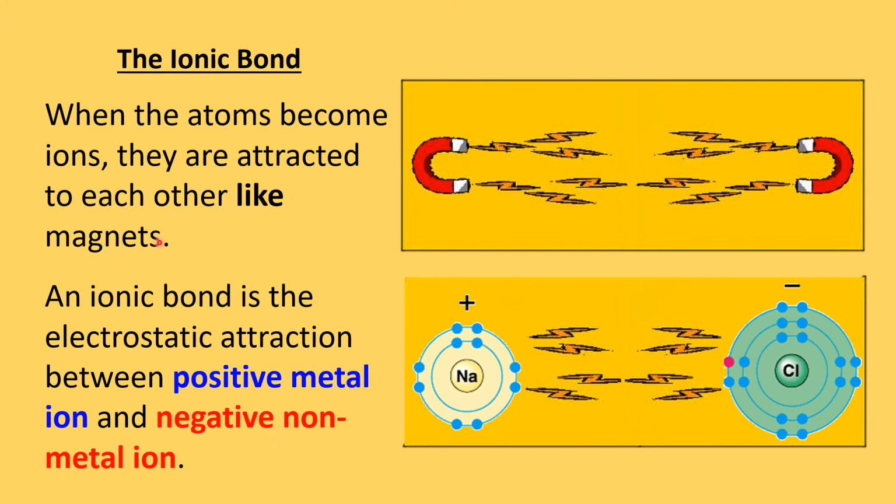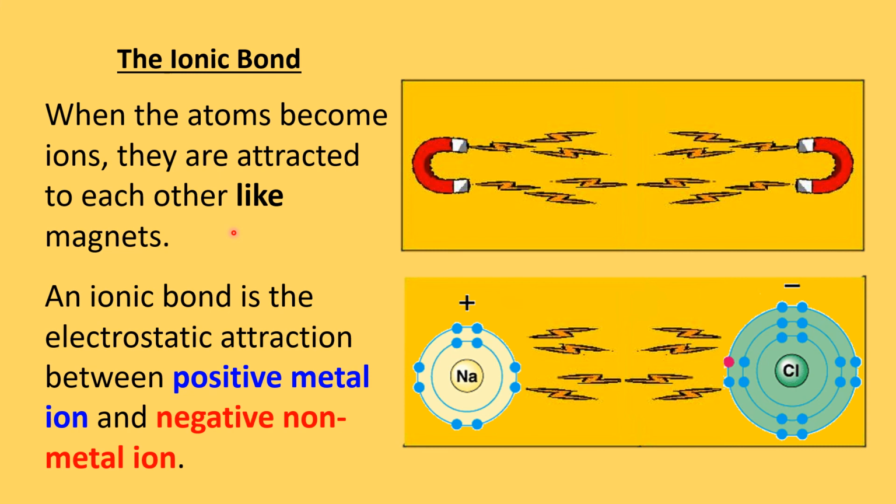Okay? Now you'll see here an analogy that's often used in chemistry, which is that these are like magnets. And I just want to be clear about this. They are like magnets. They are not magnetic. Okay, this is not about two opposite magnets attracting each other, but it does result in exactly the same type of force.